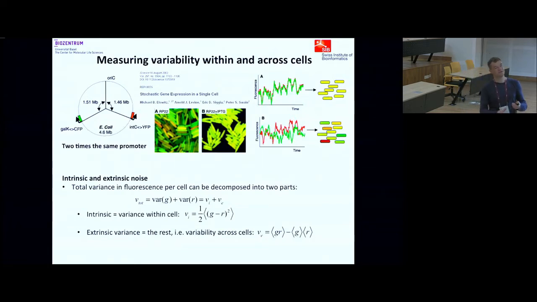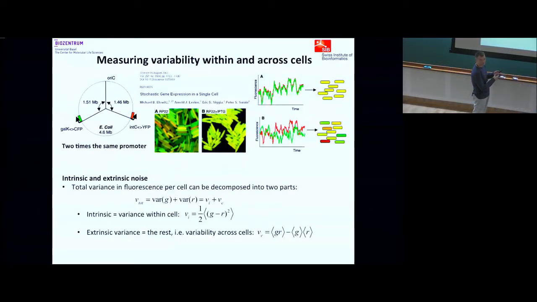And the intrinsic variance is basically the average squared deviation between the amount of green and red. It's basically the average difference between the levels of these two. They call that the intrinsic variance, because it's like how much different is the expression of two identical proteins with identical promoters in the same cell.